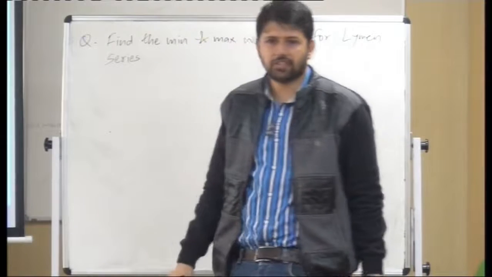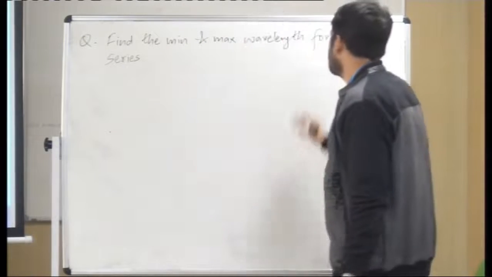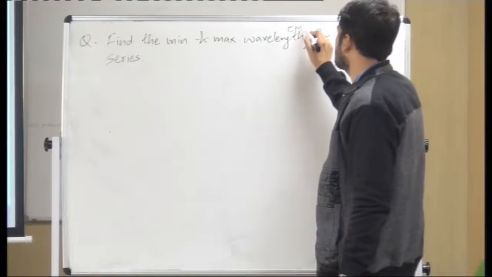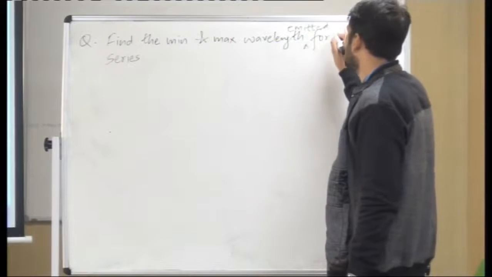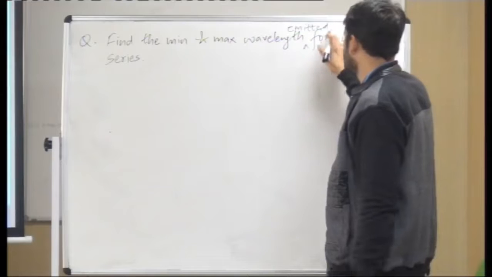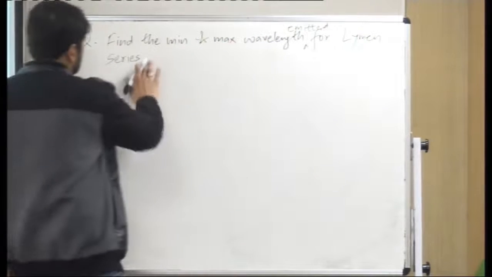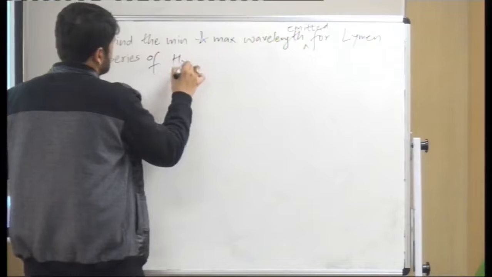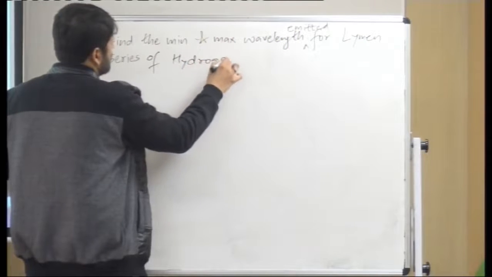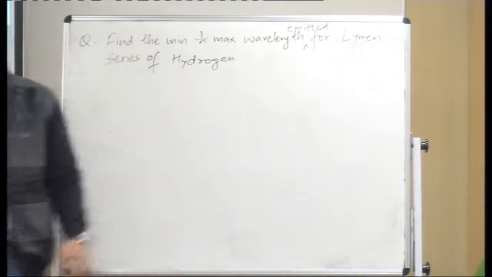Okay, minimum wavelength and maximum wavelength emitted for the Lyman series of hydrogen. Write this down. Z should be given actually. That is 1.